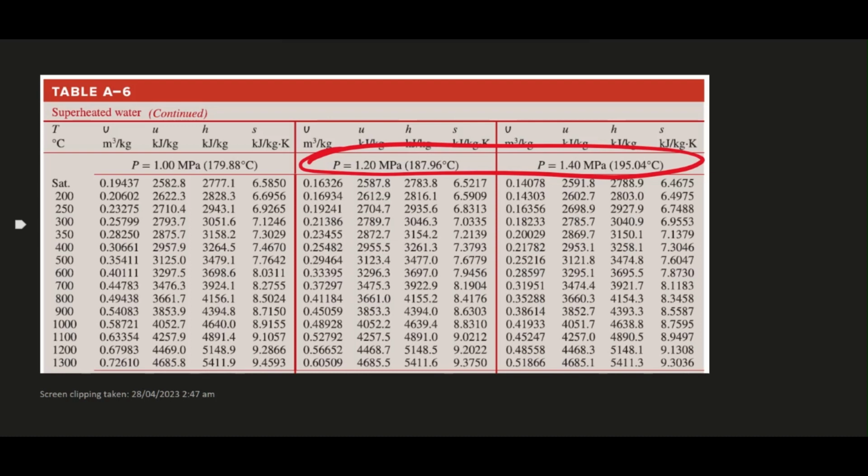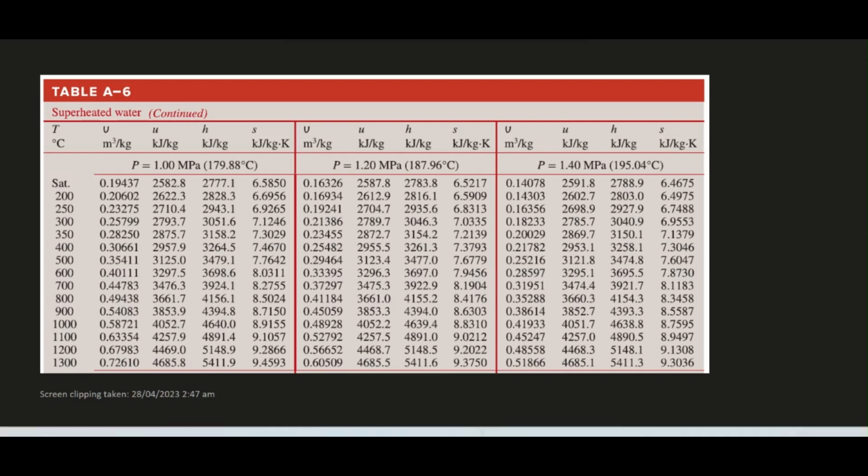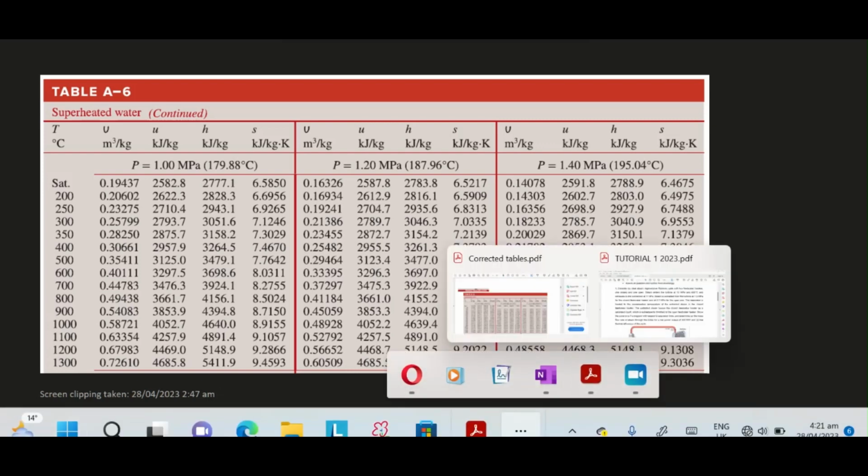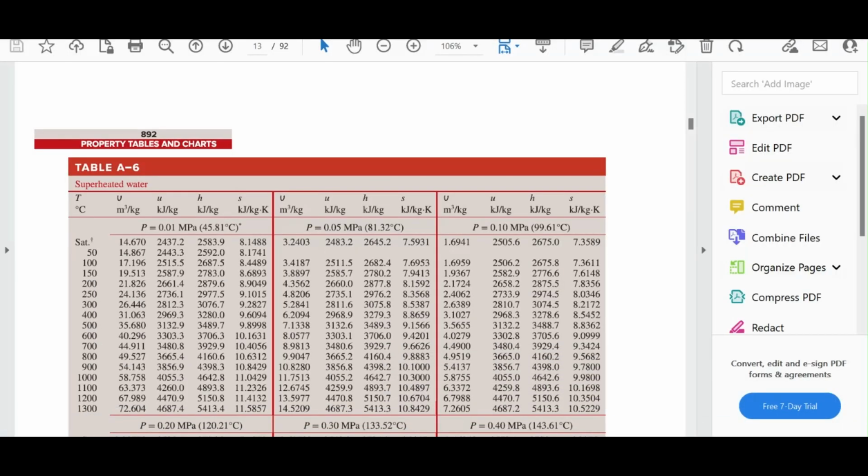This is not a saturated liquid table. Okay, maybe I can pull up a saturated liquid table.